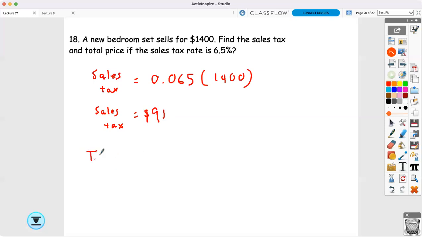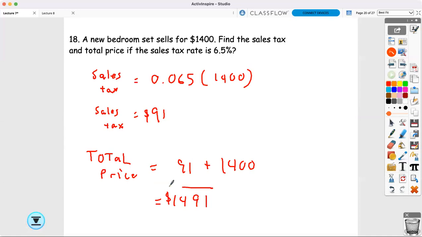Now to get the total price, we're going to add the tax, 91, plus the purchase price. So the total we pay for the bedroom set is $1,491. And we're done.